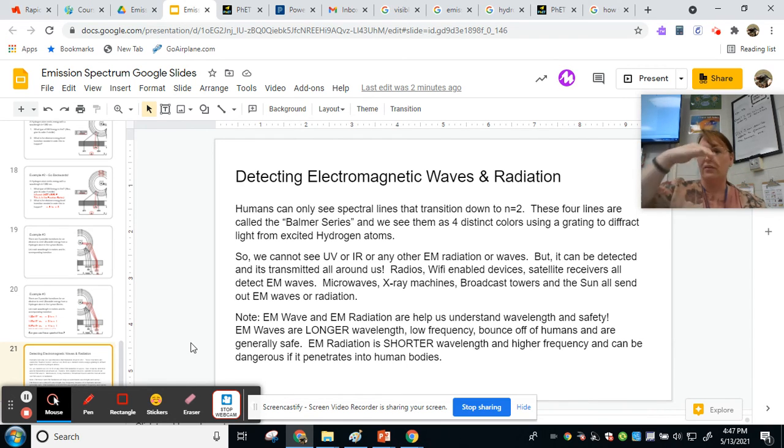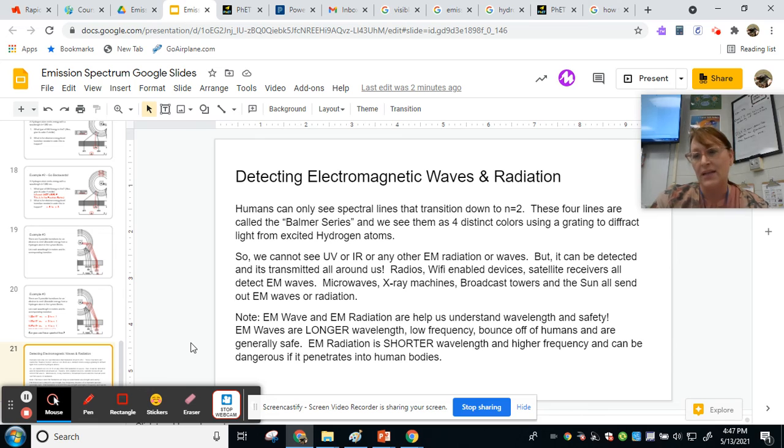Okay, so the wavelength of the light coming in is like this, and the height of the wavelength itself is only about the size of a virus. So we're not talking about big, huge wavelengths here. We cannot see ultraviolet, infrared, X-rays, radio waves, but that doesn't mean they don't exist.